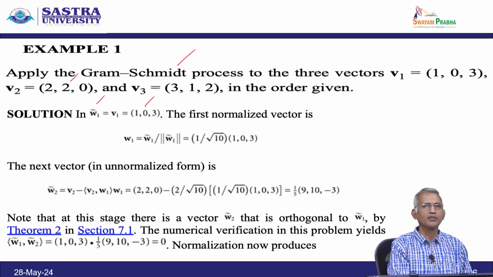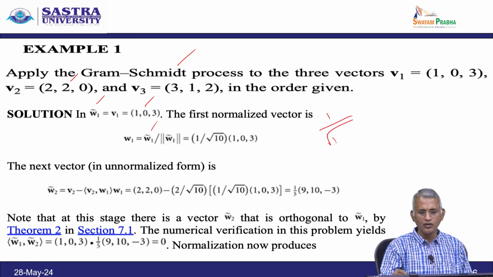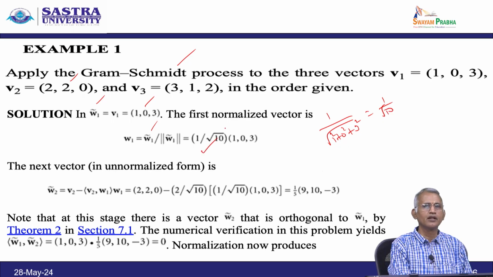Now, the first normalized vector: the rule is W1 equal to W1 by norm of W1, that is, the vector divided by root of 1 square plus 0 square plus 3 square, which is equal to 1 by root 10. So, it is 1 by root 10, 0 by root 10, 3 by root 10 that will come.